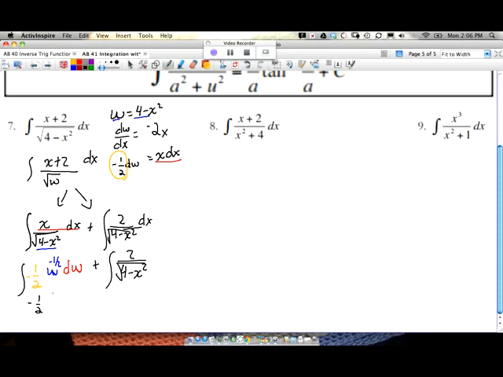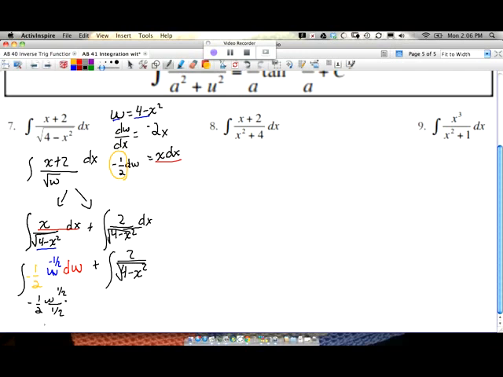If we simplify that all the way, this 1/2 and this 1/2 would cancel each other out. That's just going to be negative square root of w, which is really negative square root of 4 minus x squared. There we go. So that's that piece.